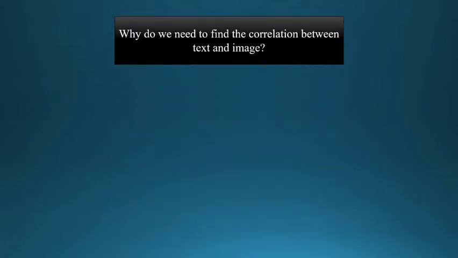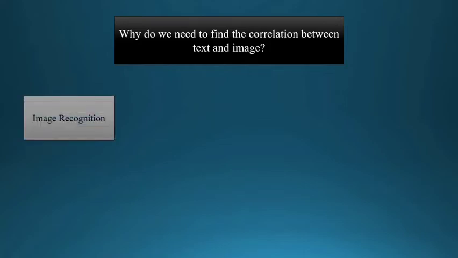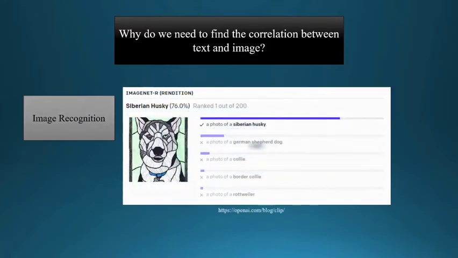But why do we need to find the correlation between text and image? What is the advantage of this? There will be some consequences. We can use it, for example, for image recognition. For example, CLIP can do classification.